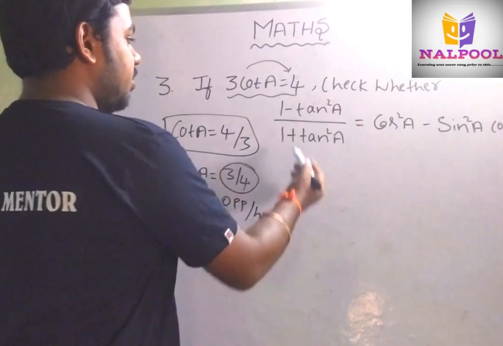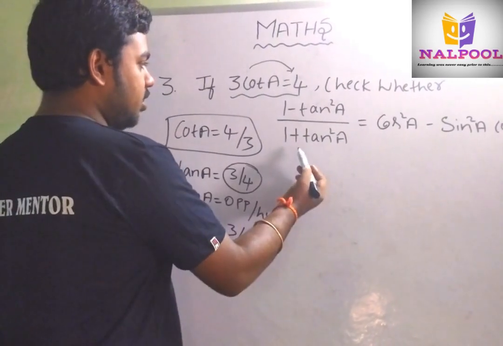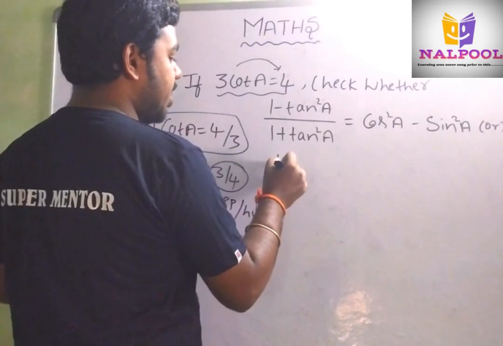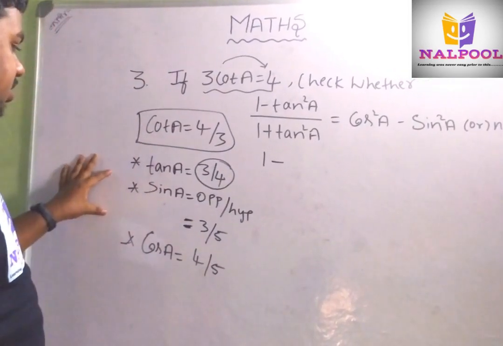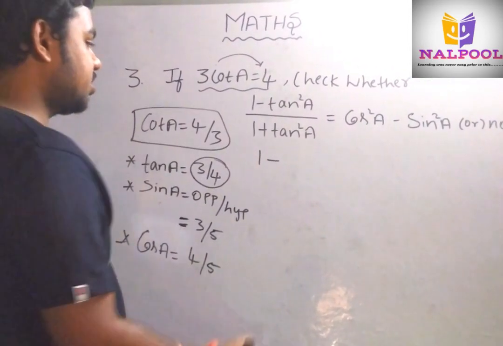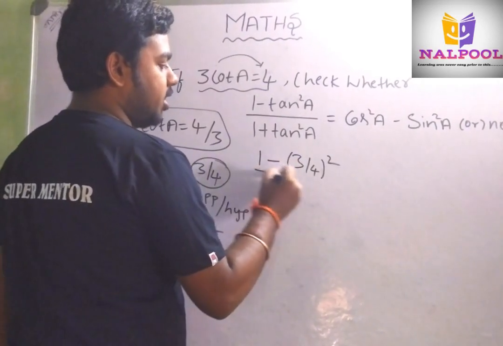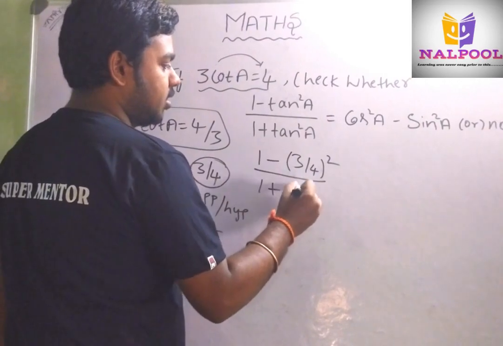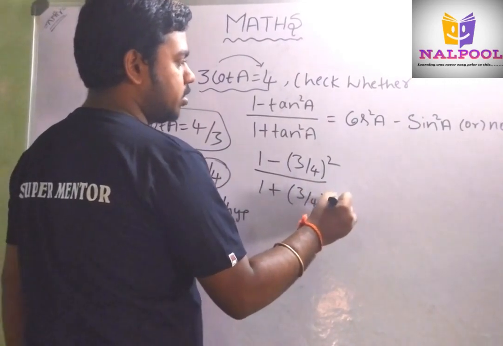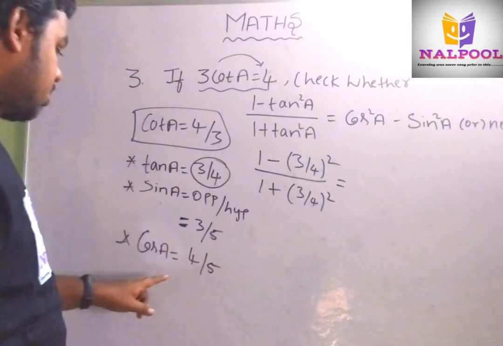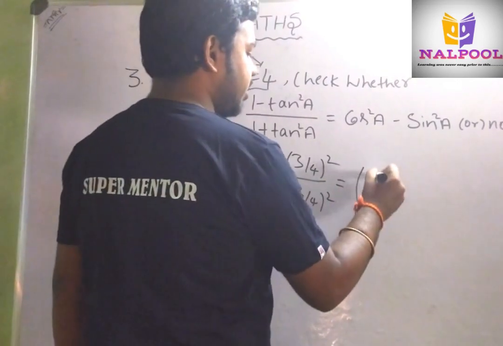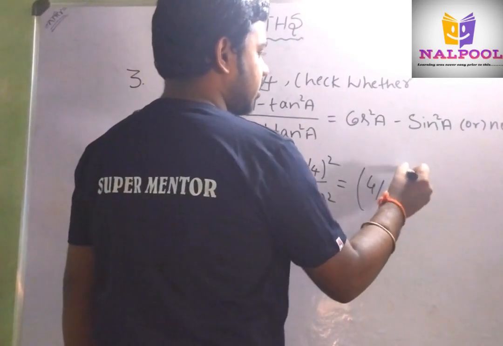Okay. We are applying the ratios for LHS. 1 minus tan square A. Tan A is how much? 3 by 4. But the square is there. Therefore, 1 minus 3 by 4 whole square divided by 1 plus 3 by 4 whole square. Cos A is how much? 4 by 5. 4 by 5 whole square.